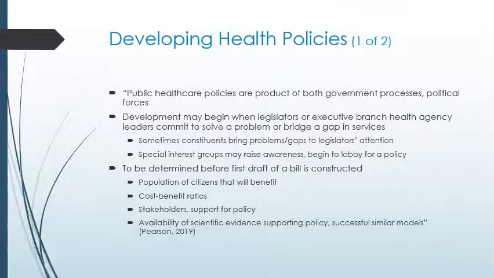A stakeholder is, for example, for the school or for you, the healthcare network, the school, the community, because we're adding a service to them. So those are your stakeholders. Availability of scientific evidence supporting the policy, and similar processes and models. We have to have evidence in order to make these policies and these bills.